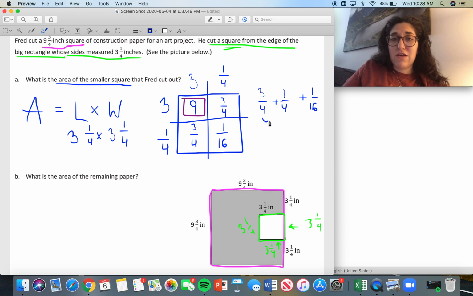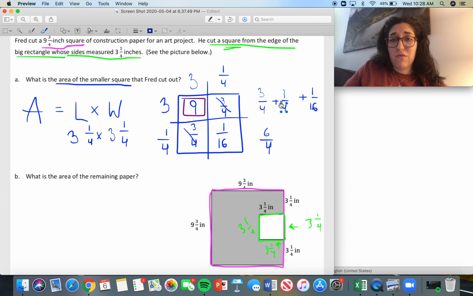I can add these together already because they already have the same denominator. So I'm going to keep my denominator the same, and I need to add my numerators. 3 plus 3 is 6. So now all I've done is I've just added this one, and I got 6/4, right?